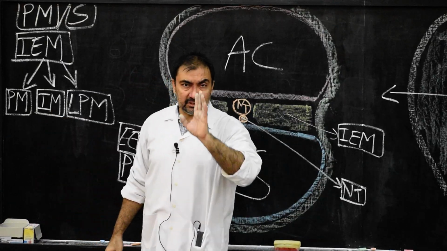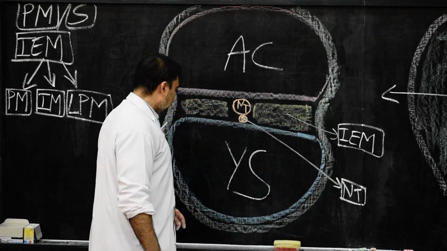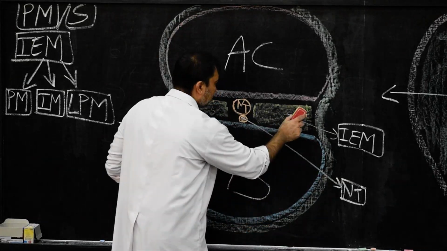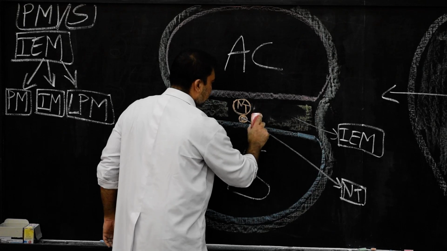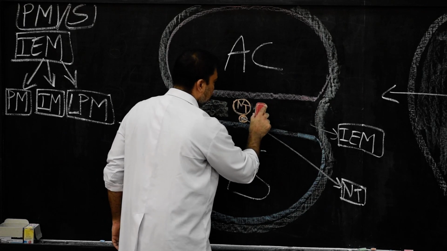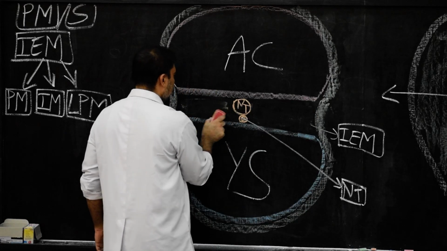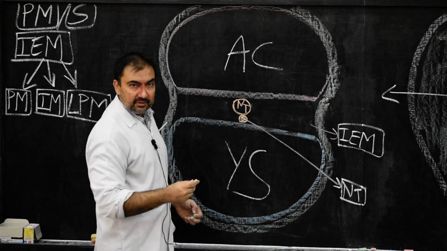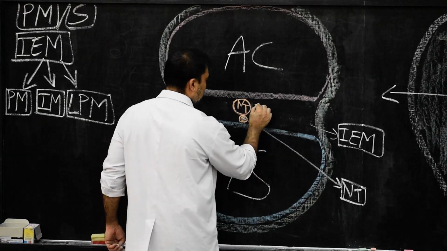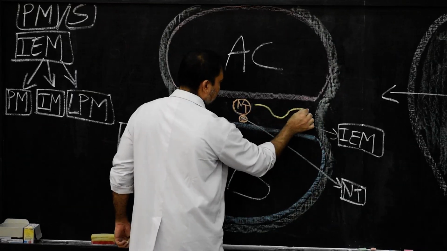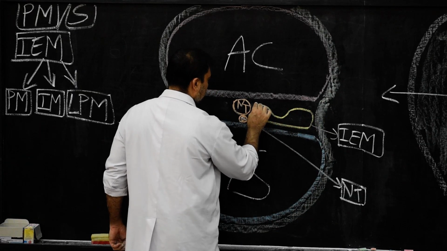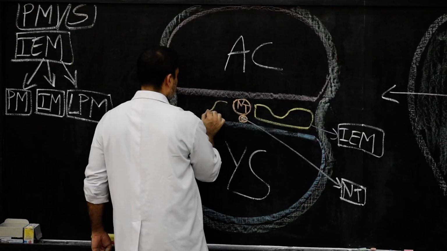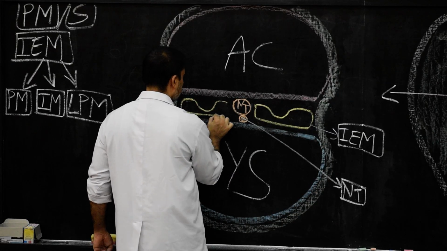So first we will draw the longitudinal groove. In the second diagram, the entire intraembryonic mesoderm will be split into three different parts by the longitudinal groove in this way.